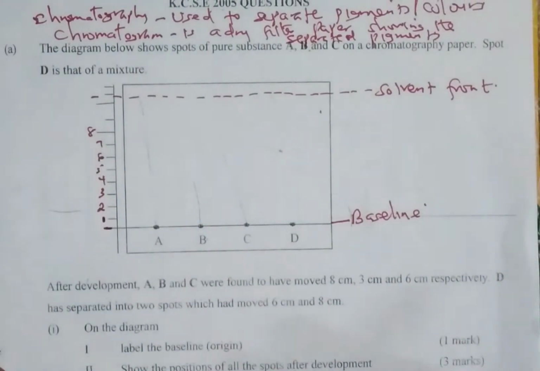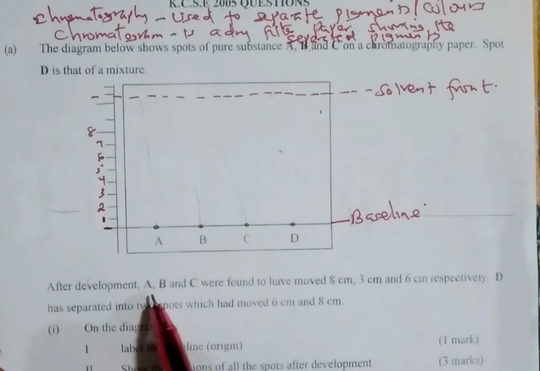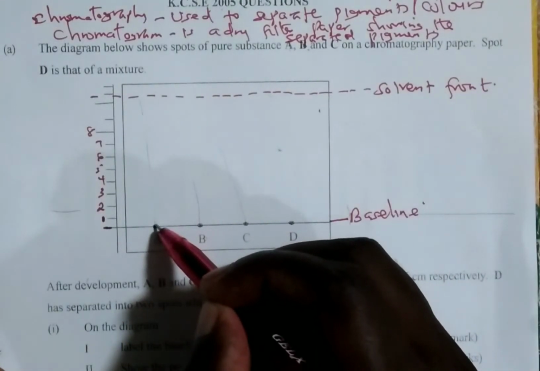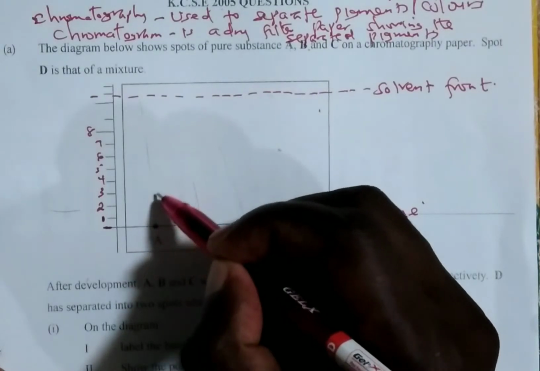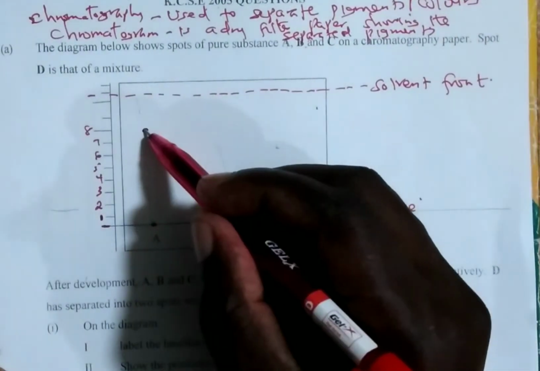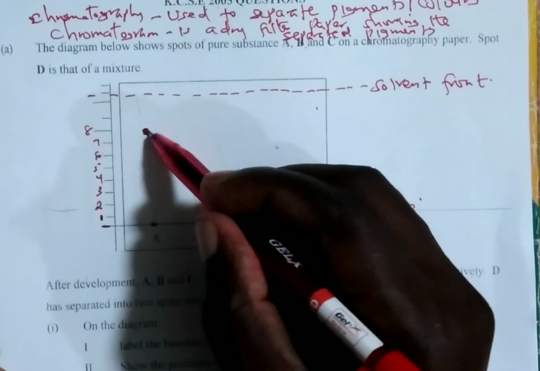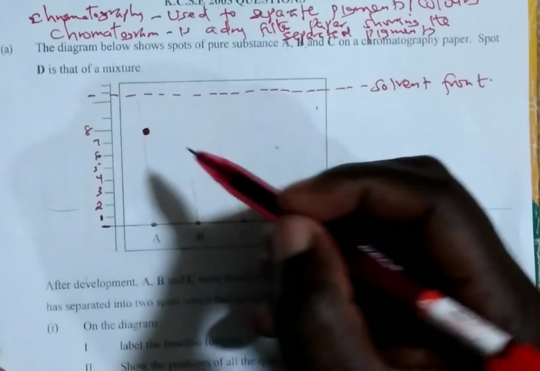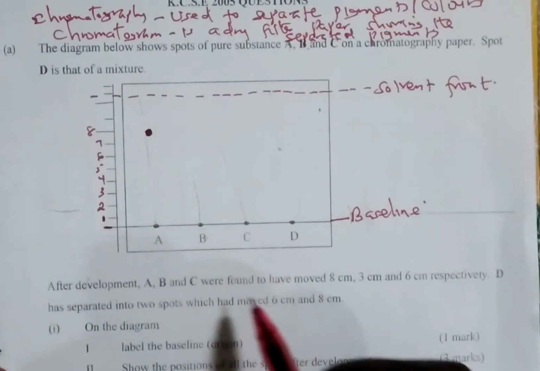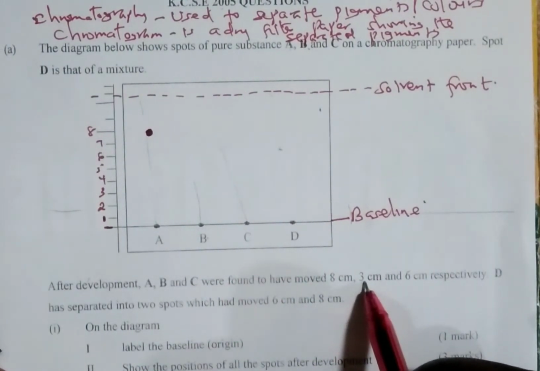We have been told that A moved 8 centimeters, so A was placed at this origin, then moved along and stopped at that 8 centimeter mark. We are also told that B moved 3 centimeters.